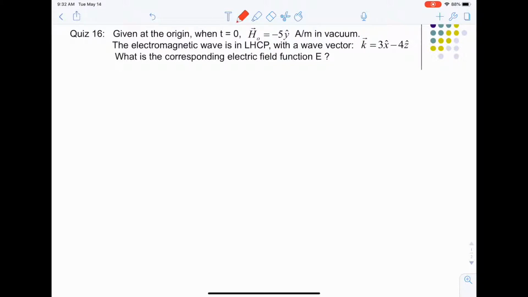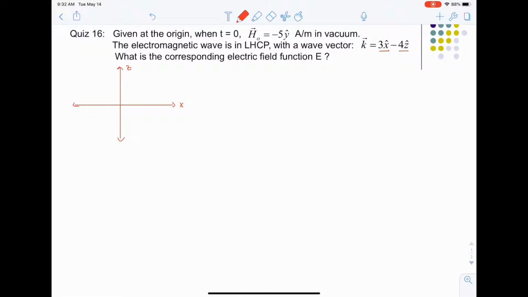So first, you draw the axes. And since we're given x and z, I'll call this my x and this my z.